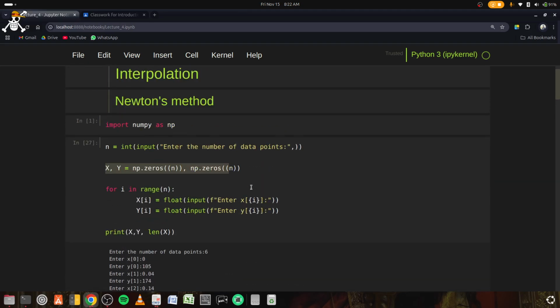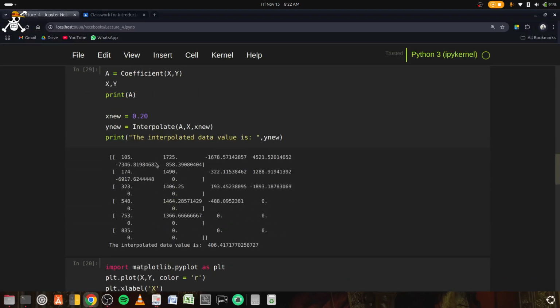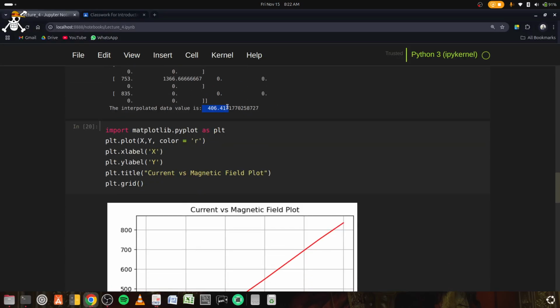As you can see from the data, this 0.20 value lies between 0.14 and 0.30, and the magnetic field should be between 323 to 548, and we are getting the value of the magnetic field as 406. So from the interpolation we got the value of magnetic field at 0.2 as 406 Gauss.